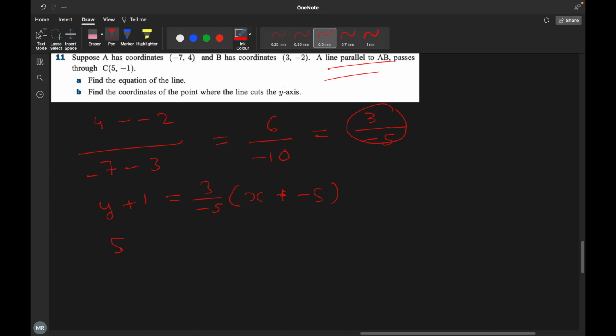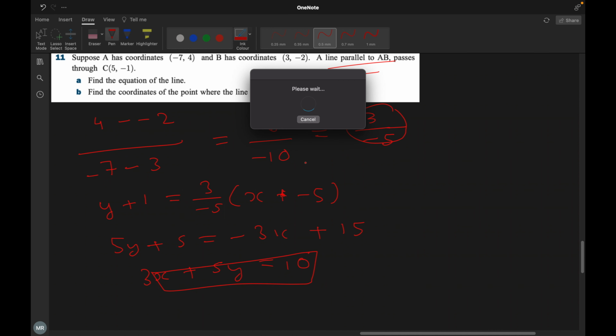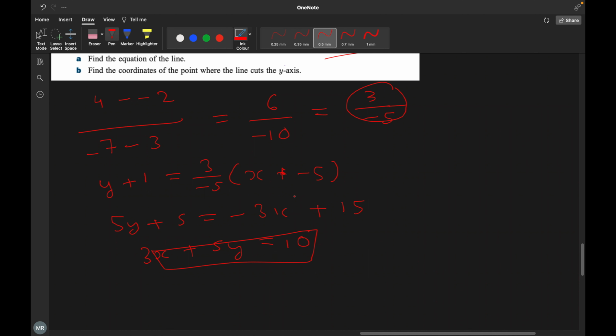So let's cross multiply. So 5y plus 5 equals negative 3x plus 15. So let's simplify.